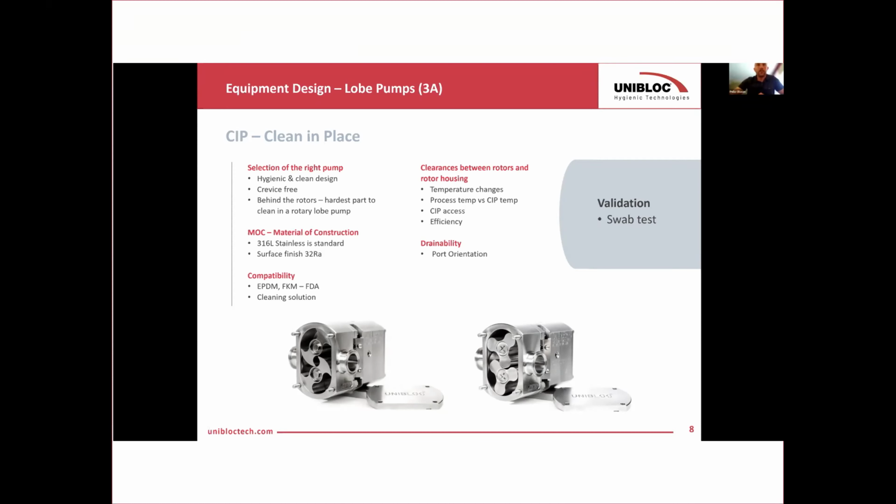You have to consider the tolerances in the rotor and the pump, because when you run the product, you may run at one temperature, but when you do the CIP, that temperature is going to be at a higher temperature. So that comes with expansion of the rotors.